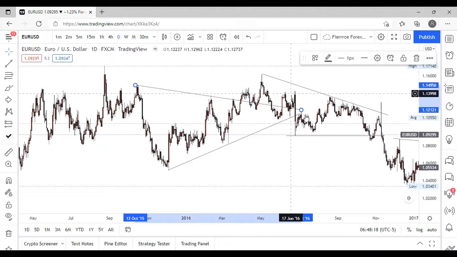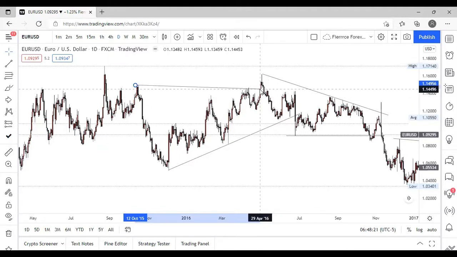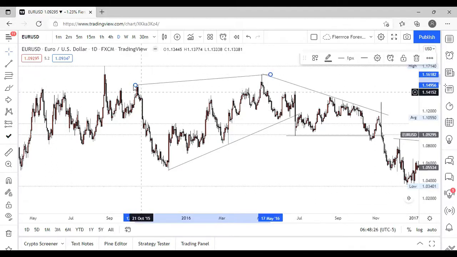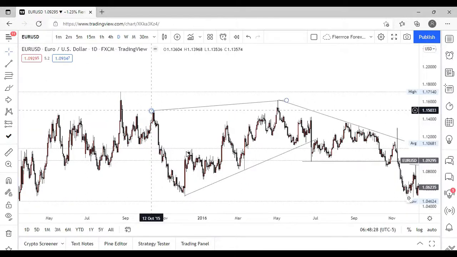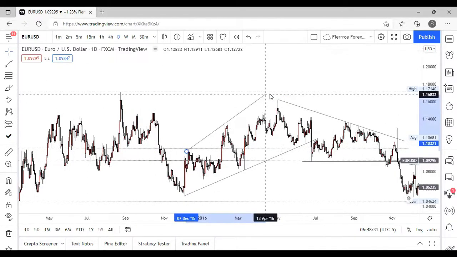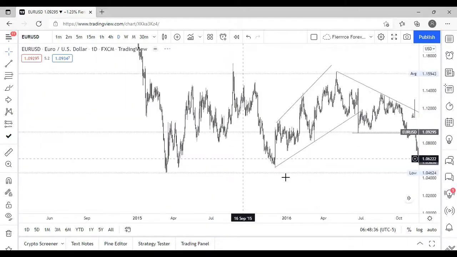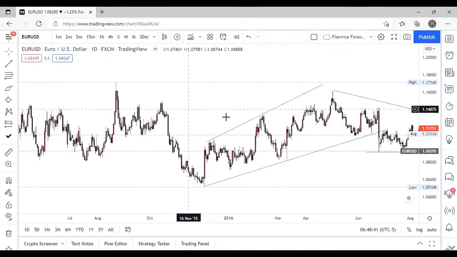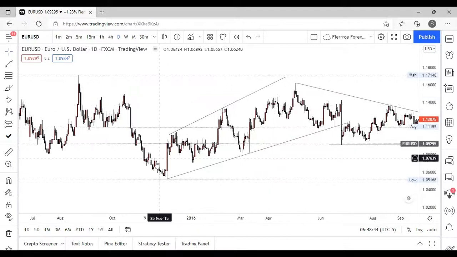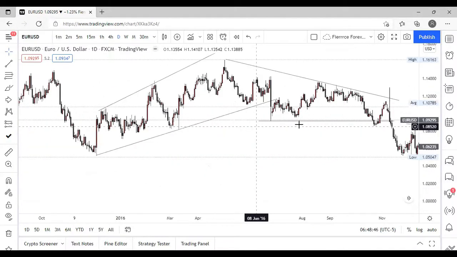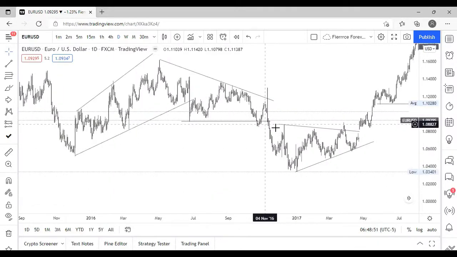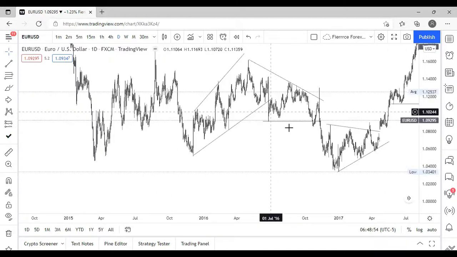Anyway, what you need to do is just look out for the different patterns that you can see. So we see this is again another ascending wedge, and price literally just broke down here. You could have decided to enter a sell, and you could have still made some money at some point.